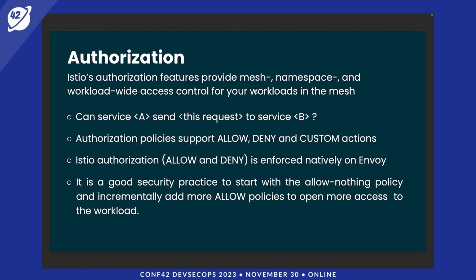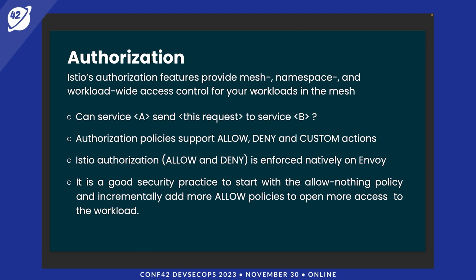For example, can service A send a request to service B? Yes, because we don't have any authorization policies implemented yet. So we want to make sure only required resources are allowed to access. For example, the database can be accessed by the backend, not the front end. So we want to restrict the access to our services, or protect our services from any other services running inside our service mesh.